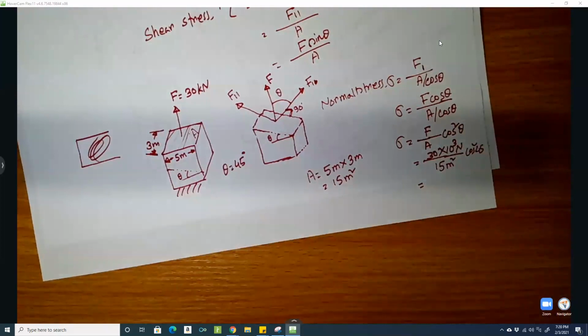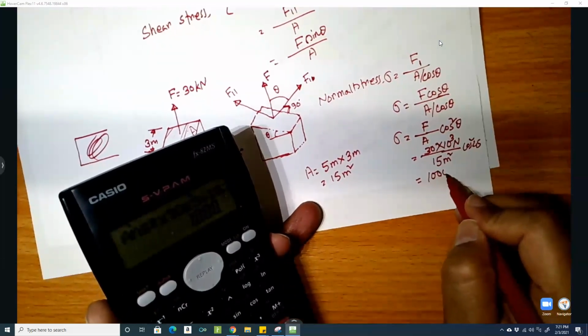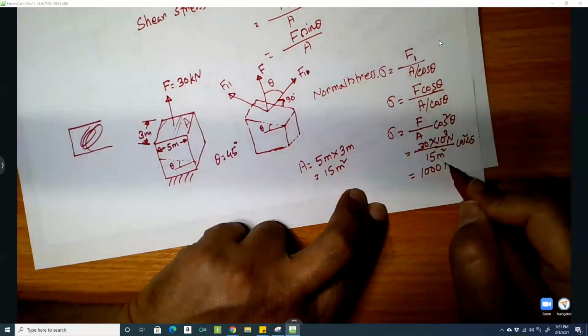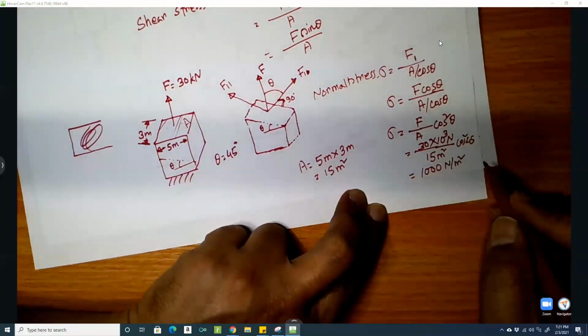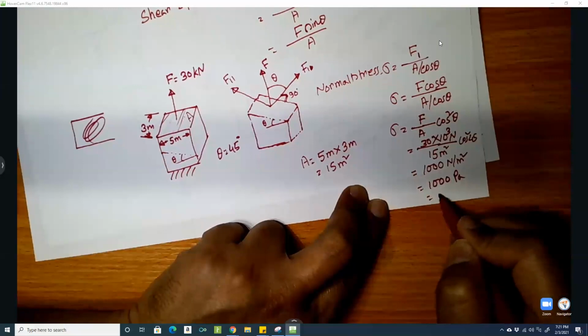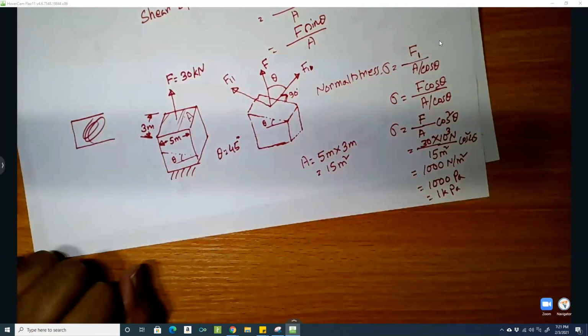Cosine 45 square multiplied by 30, that is 1000 Newton per meter square. That means 1000 Pascal, 1 kilopascal.